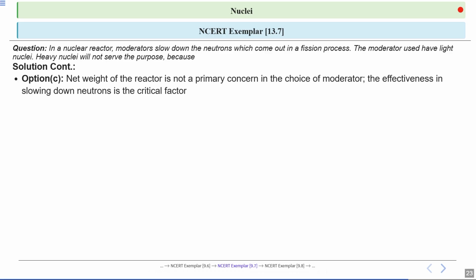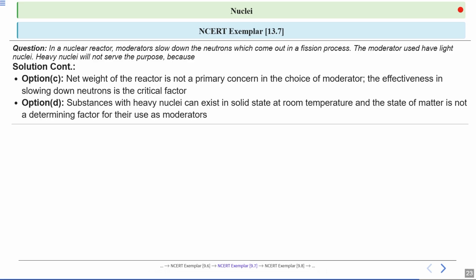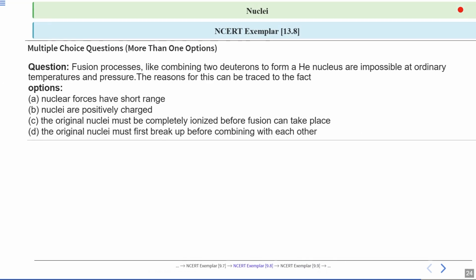The effectiveness in slowing down neutrons is the critical factor. Option D is incorrect because substances with heavy nuclei can exist in solid state at room temperature, and the state of matter is not a determining factor for their use as moderators.